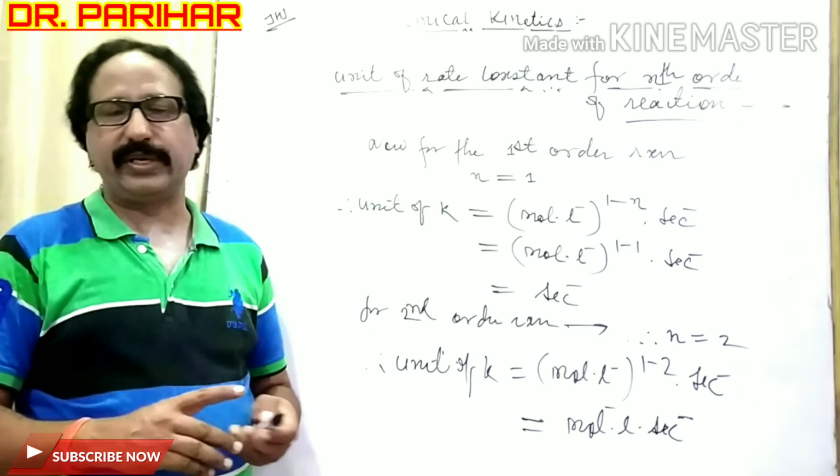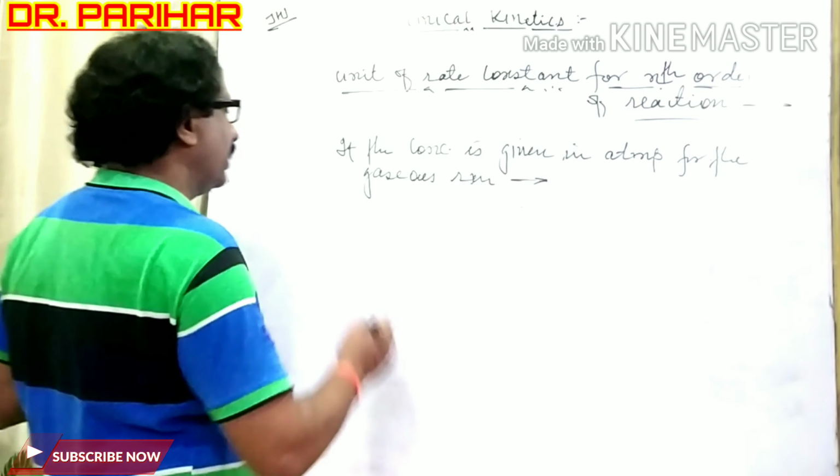suppose the reaction is given in gaseous state and concentration is given in atmosphere, if the concentration is given in atmosphere for the gaseous reaction, okay, then we have to use the given formula to decide the unit of rate constant of nth order reaction.